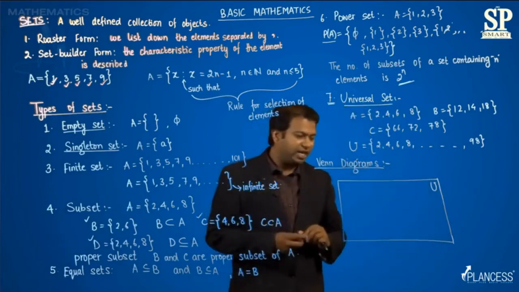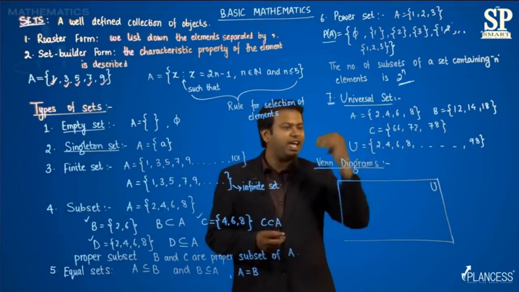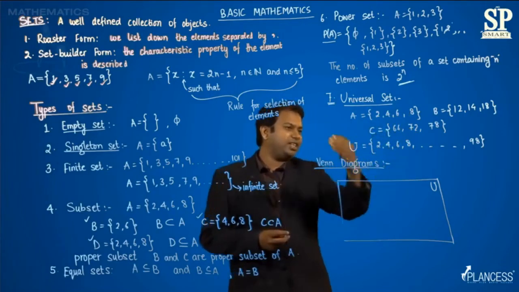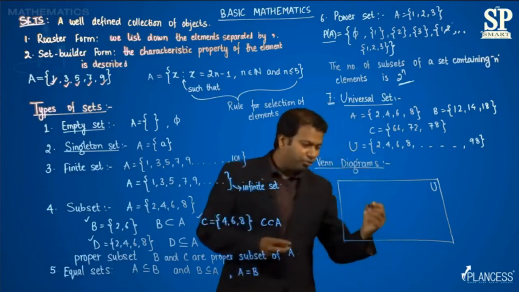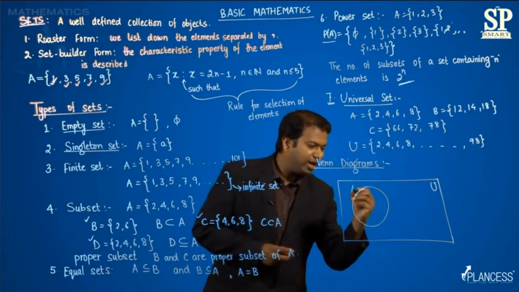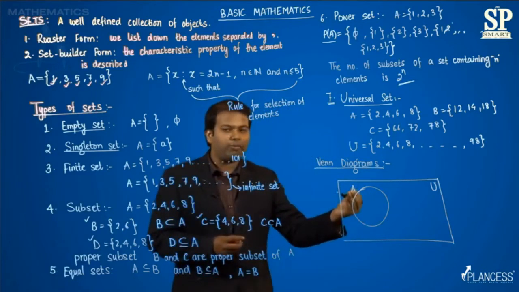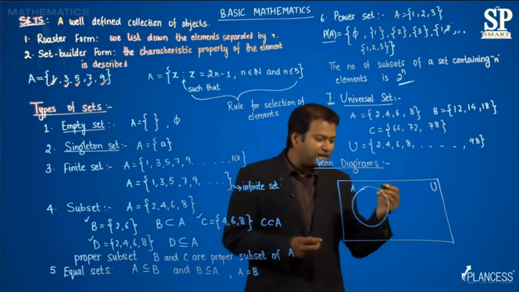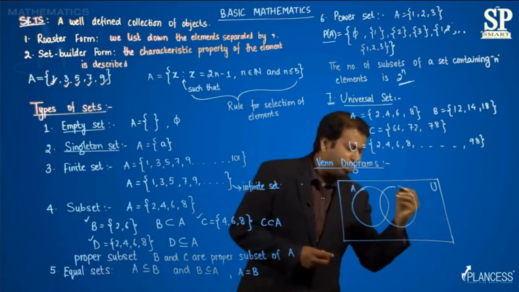And any other set, let us say there is a set A which has elements like 2, 4, 6 and 8, let us consider this scenario. We can represent a set A by a circle, and we write the letter A, that is the name of the set, near the circle. And if we want to represent another set, it can be done in the following manner.